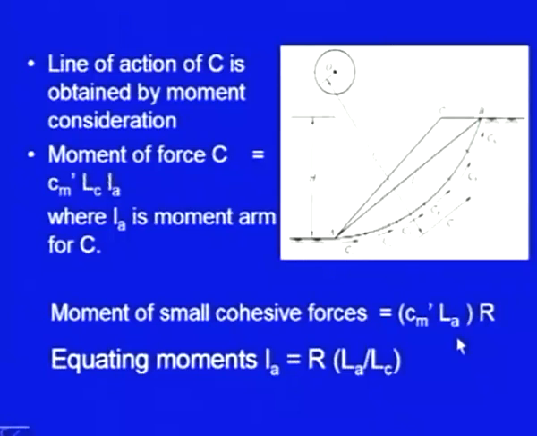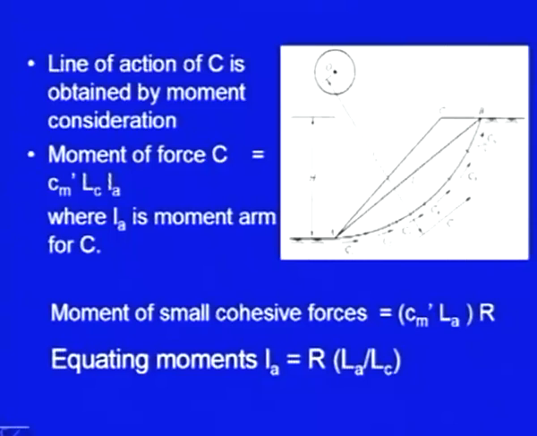When it is in equilibrium, these two values have to be equal. We have to find out C here. By equating these two moments, Cm dash into Lc into small la equals Cm dash into capital La into r, Cm dash will cancel and you will get the lever arm of the force C equal to R into La upon Lc, where La is the length of arc.